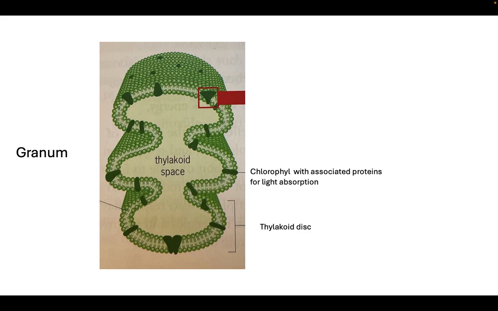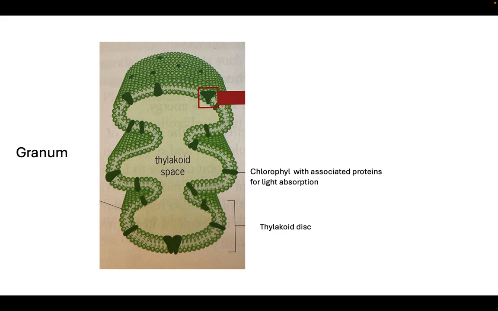If you do a cross-section of these discs, inside there is the thylakoid space, again filled with fluid, and the wall of the thylakoid, the membrane, is essentially a phospholipid bilayer, which is again something we talked about in the core biology module.